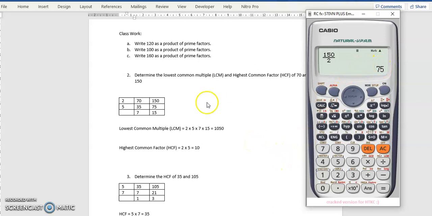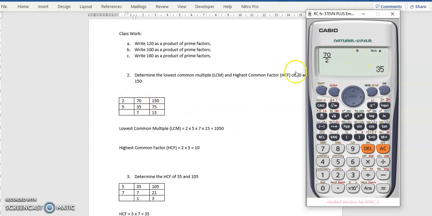So first I won't write my 75. I'll write it somewhere before I bring it to my book. Then let me try 70. So 70 divided by 2. What does it give me? 35. Oh, it means 2 can divide 70 and 150 without a remainder.